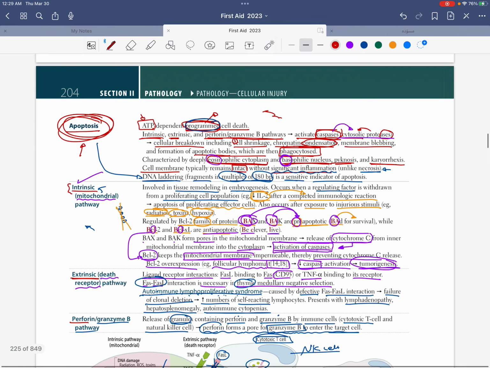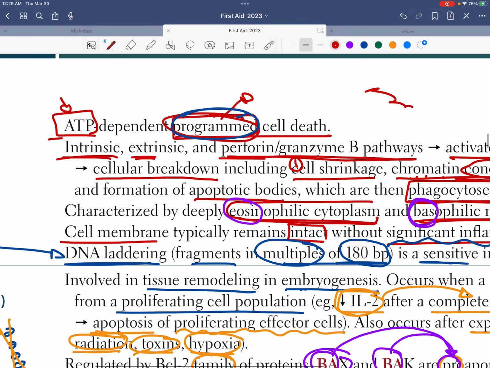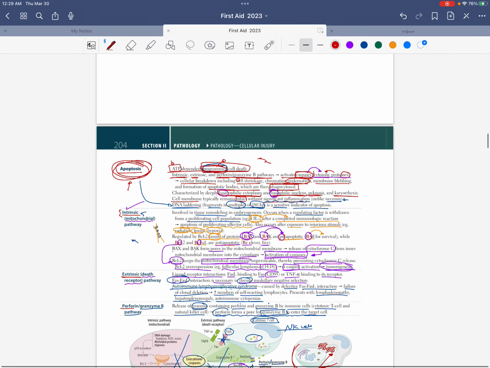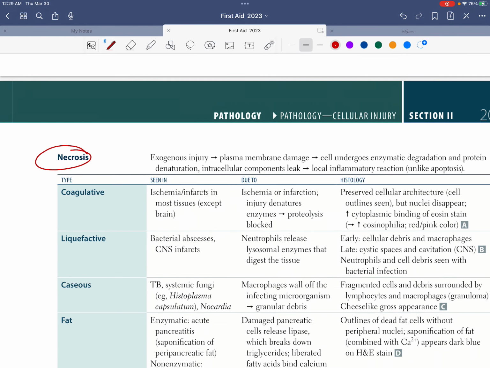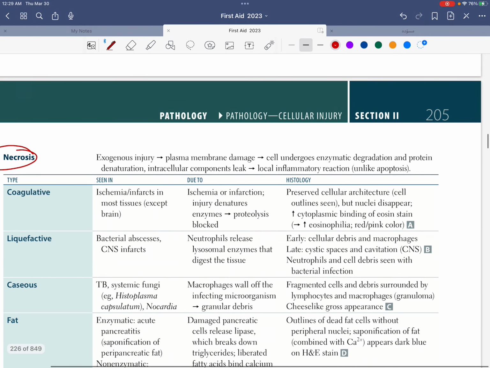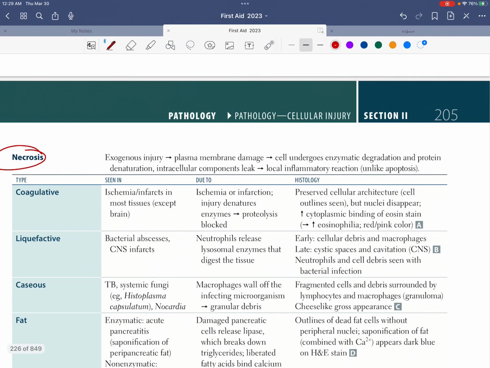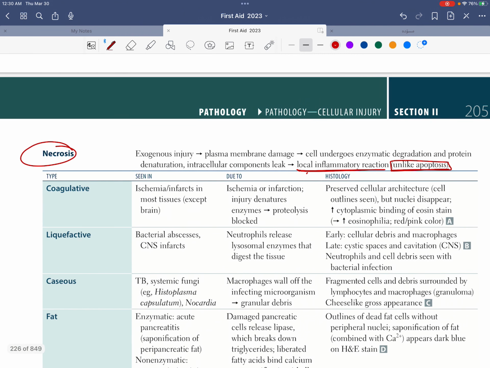Again, the most important part is that apoptosis is an ATP-dependent programmed cell death, in contrast to necrosis. Necrosis involves enzymatic degradation and protein denaturation, intracellular killing of the cell, leading to a local inflammatory reaction, unlike apoptosis. So necrosis is unprogrammed.